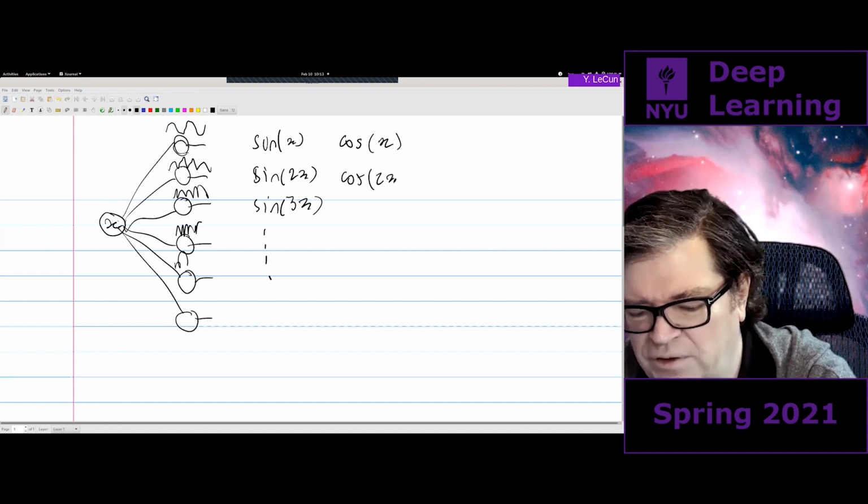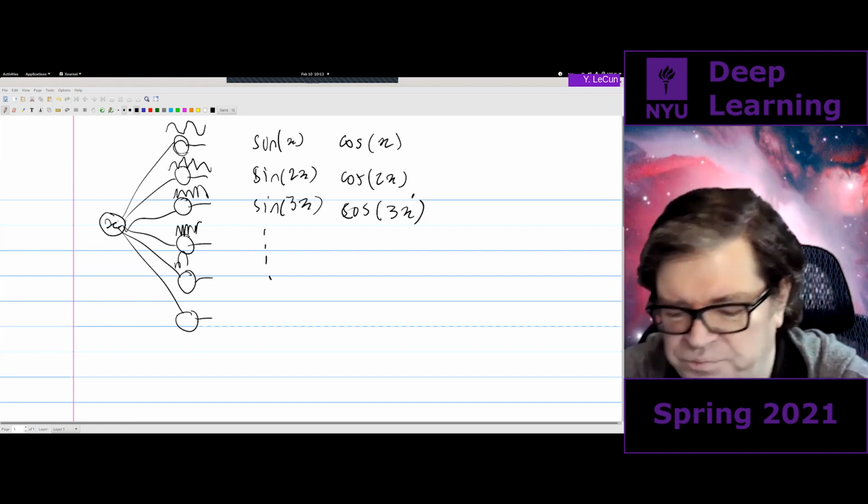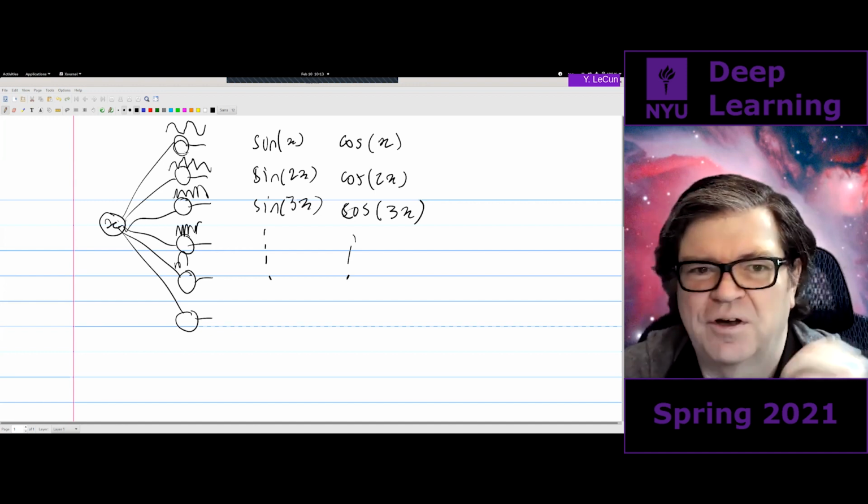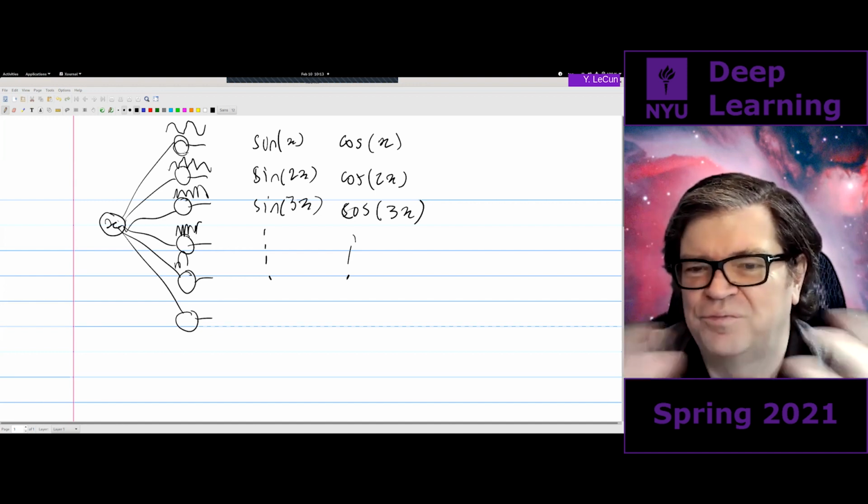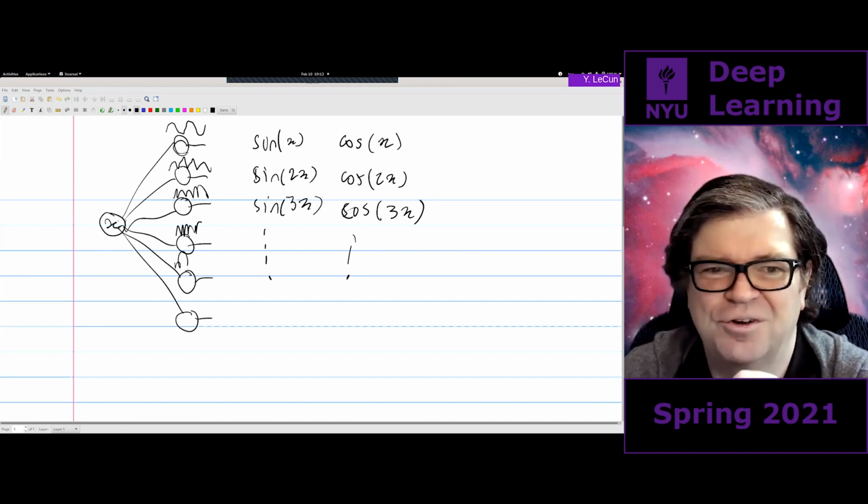So you basically expand the dimension of the input, and that would be sort of a Fourier series expansion of your function.